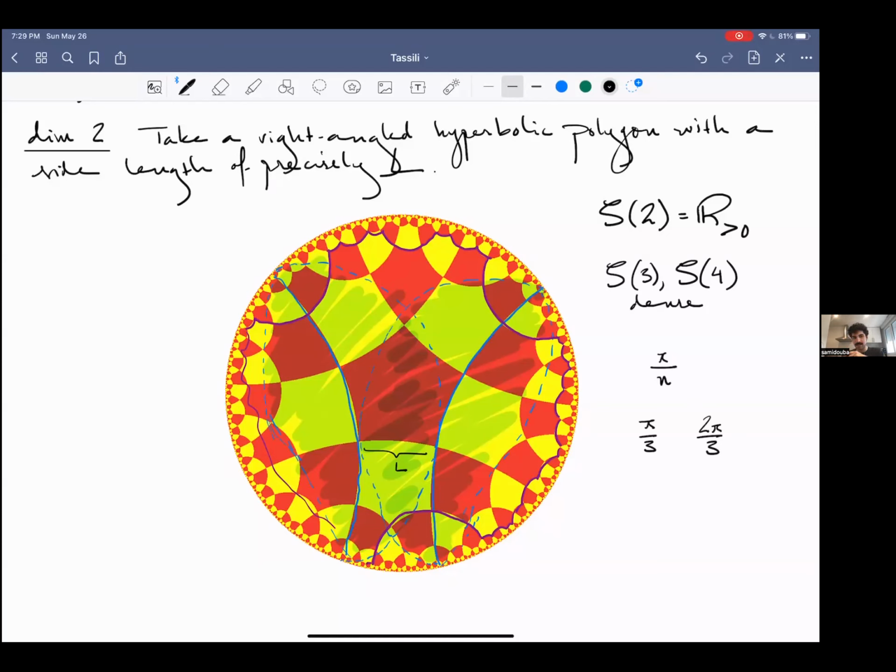It's not even clear if it's finite index. You just know it's a subgroup. But if you don't have a fundamental domain, you can't say much.